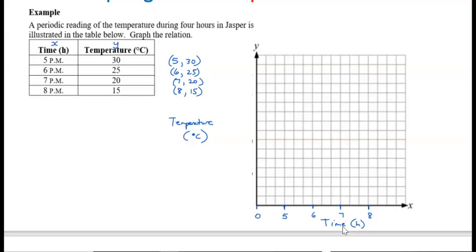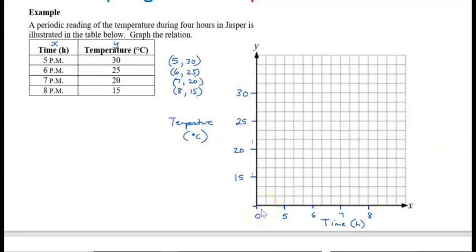And then for my temperature, I'm going to see that my lowest value is 15 and my highest is 30. And so I'm going to start maybe up here at 15. And then I'm going to use 3 boxes to go to 20, 3 boxes to go to 25, and 3 boxes to go to 30.